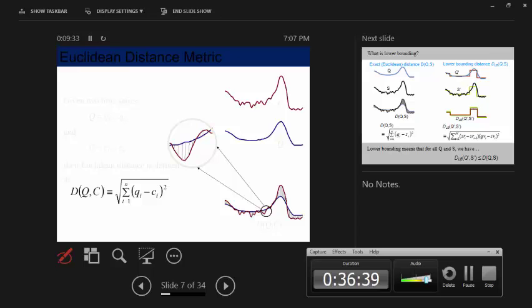For example, you have time here and some magnitude, whatever the magnitude is. If it is EKG, then maybe this is Q, R, S, whatever the values. So one time you have this, another time you have that.